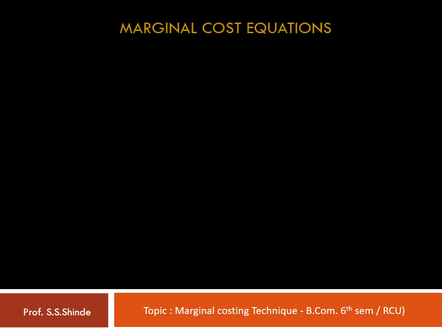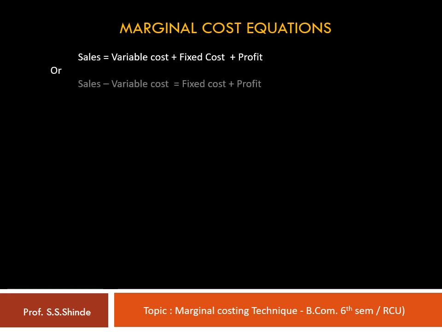Let's analyze the marginal cost equations. Let's put up the first equation. Sales is equal to variable cost plus fixed cost plus profit, which can also be rewritten as sales minus variable cost is equal to fixed cost plus profit.